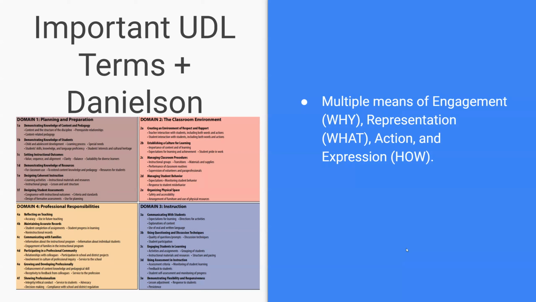And then professional responsibilities. I felt like 4E, enhancement of content knowledge and pedagogical skill, was a little bit of a miss here, and I felt like 4C, information about individual students, was a little bit of a miss.